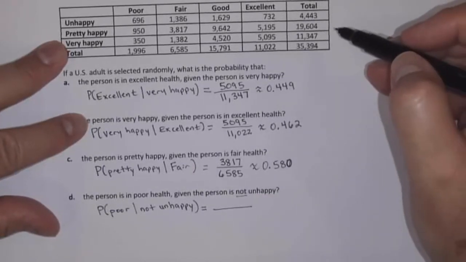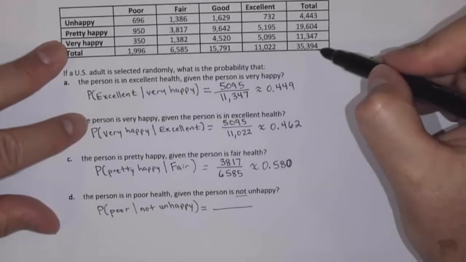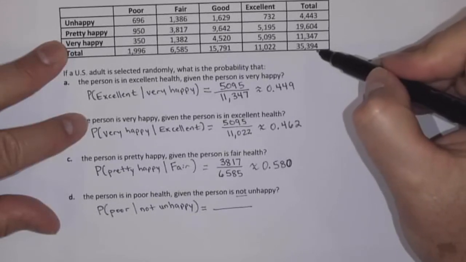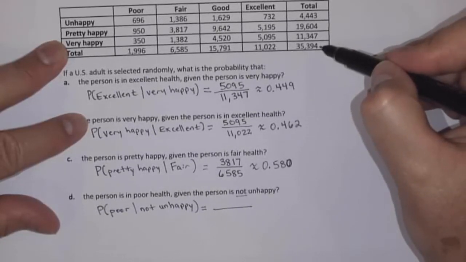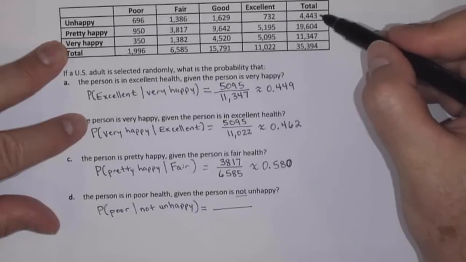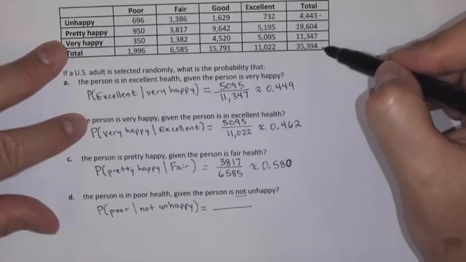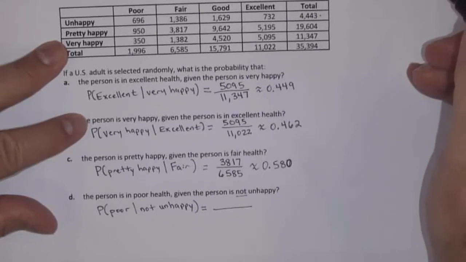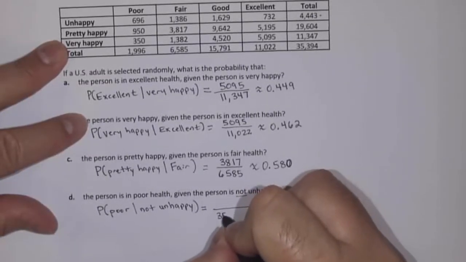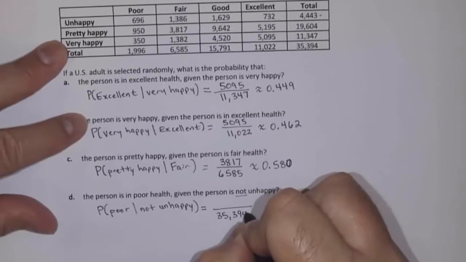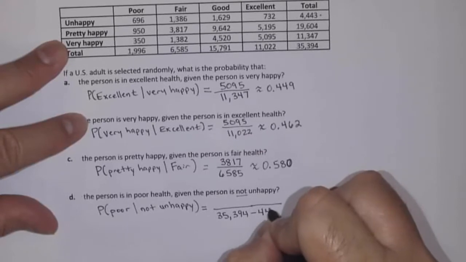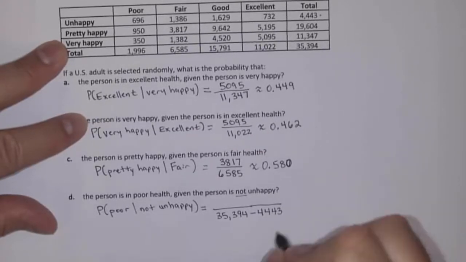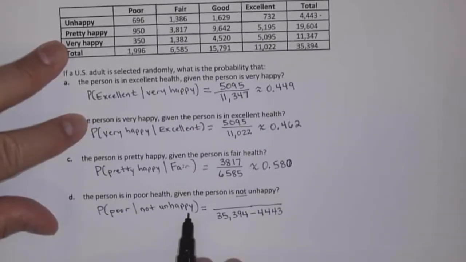Well, we can figure that out a couple of different ways. One, we know there's a total of 35,394 individuals. 4,443 of them are unhappy, so we could take the 35,394 minus the 4,443 to get the number of individuals that are not unhappy. So that's one way we could do this. 35,394 minus 4,443. That would be the number of individuals who are not unhappy.